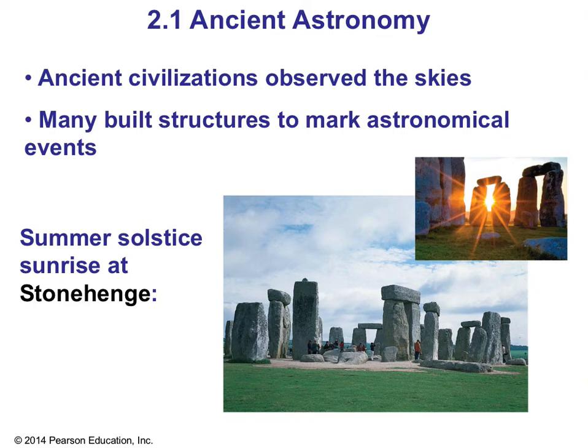So in this slide here, we have a couple of pictures of Stonehenge, and you watched a quick video on Stonehenge and how people used it in terms of aligning it with the summer solstice. And that's what we're seeing here in this smaller image on the slide itself.